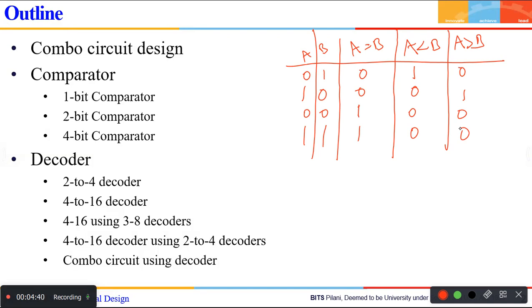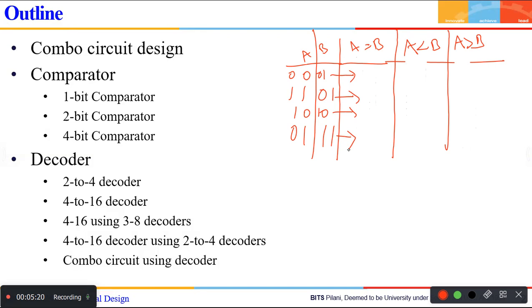How can you extend it to 2 bits? 0 0, 0 1, right? So that's all. You just have to compare this. Now, assume that it is 2 bit. Your A is 2 bits, B is 2 bits. I will give you some random numbers. Can you fill this in?